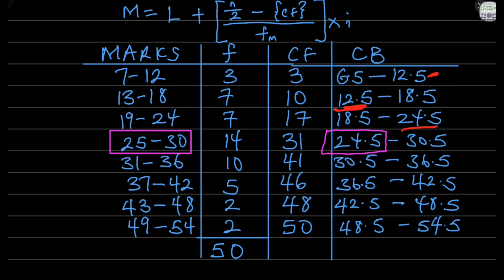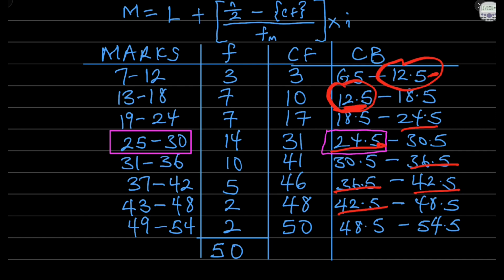So this looks like the exclusive type distribution. If your distribution originally is of the exclusive type, you do not need these class boundaries because there is no gap in the exclusive distribution. Just like this, when we have 12.5 here, the next one will also be 12.5, so there's no gap.